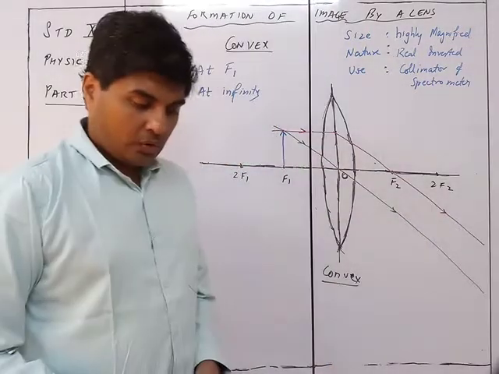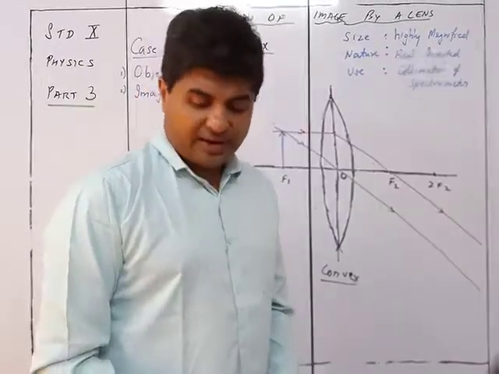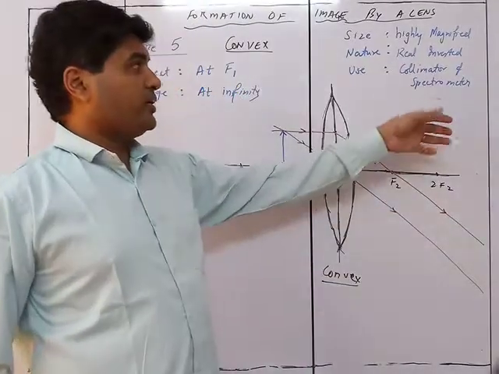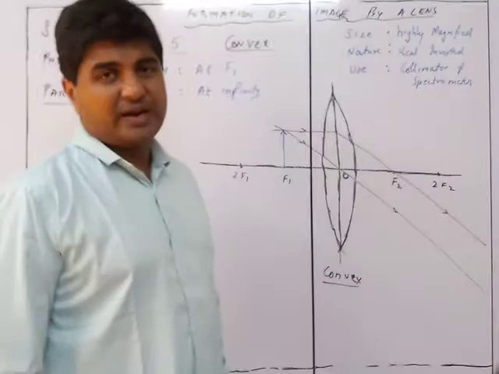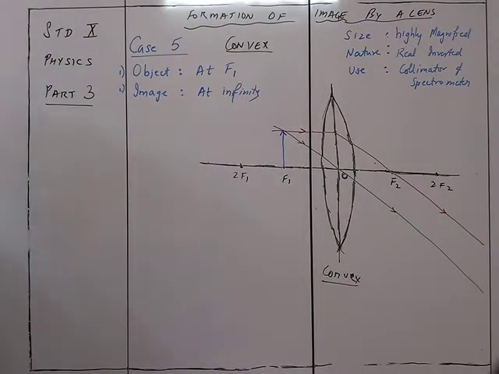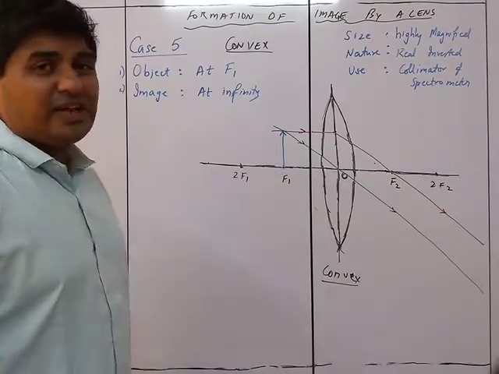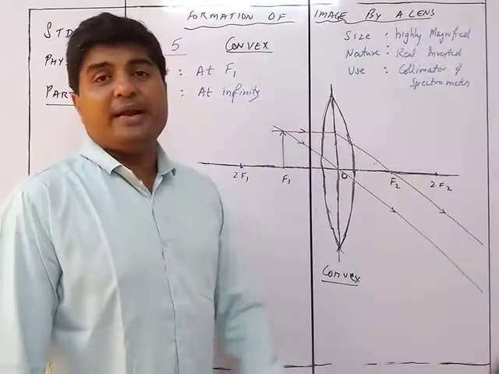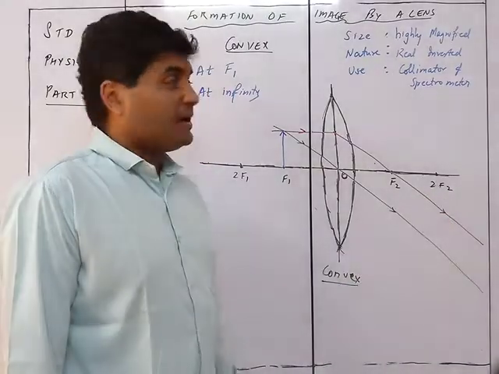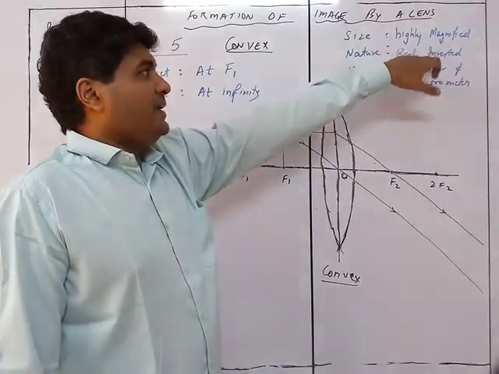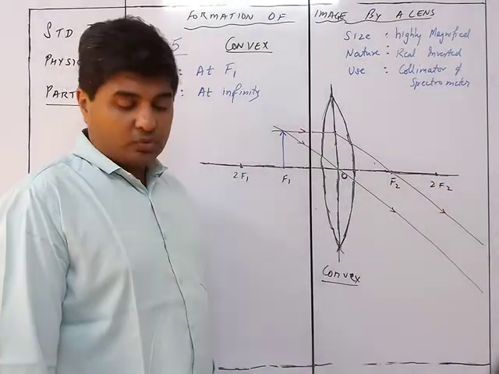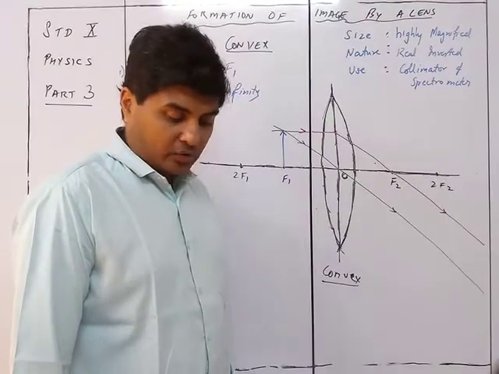Okay, collimator of spectrometer. It's a device which is used to measure the spectrum of light. So this is case 5, which is object at F1, image at infinity, because they are not intersecting each other, because they are parallel lines. You can see over here they are parallel lines. Size highly magnified, real and inverted nature, and it is used in the collimator of a spectrometer.